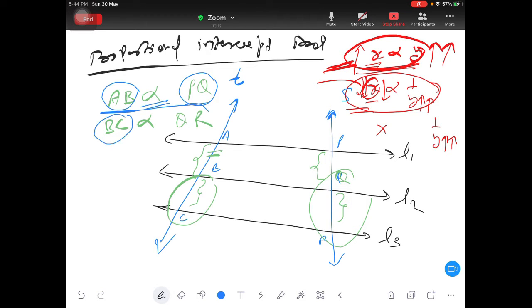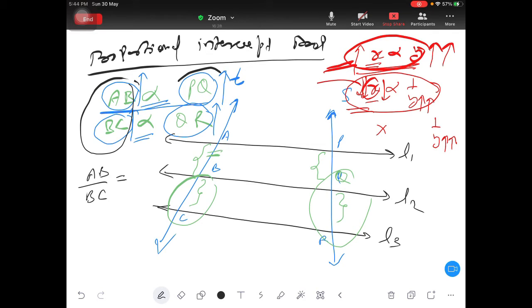BC and QR are also directly proportional. So if you increase PQ, your AB will increase, QR increases, BC increases. So on the left side take the ratio AB by BC and put it equal to the right side ratio PQ by QR. So we understood this.